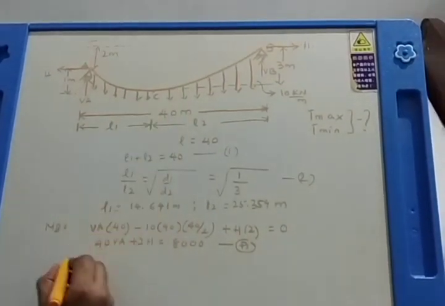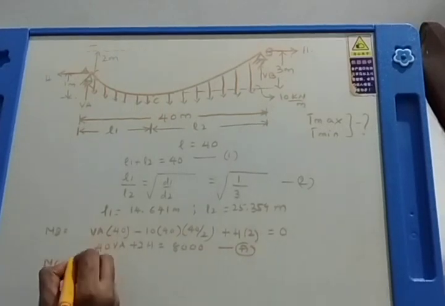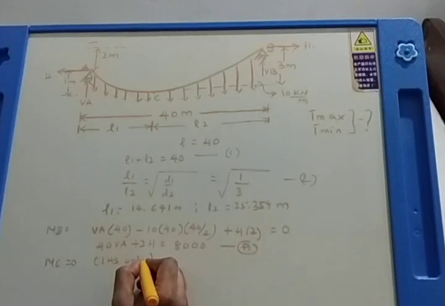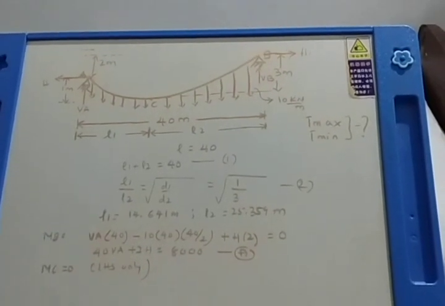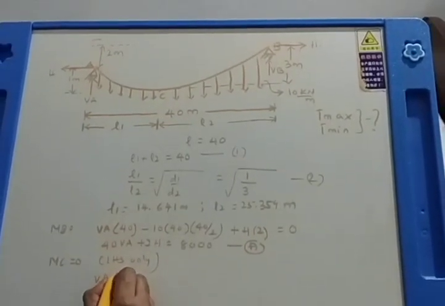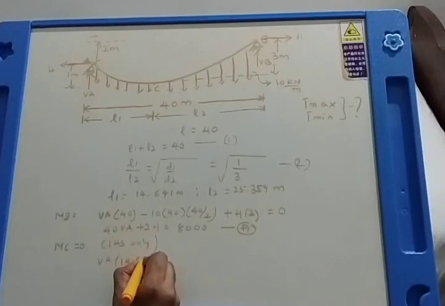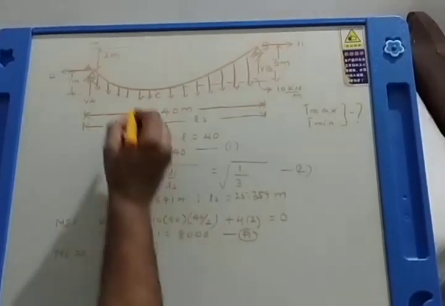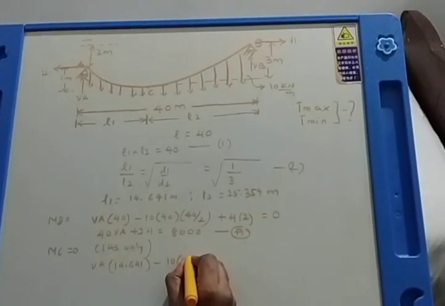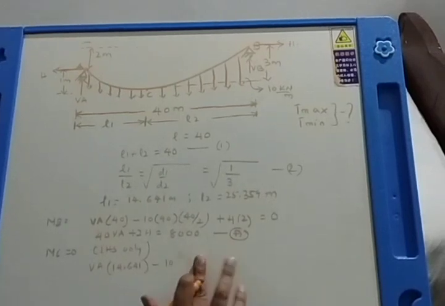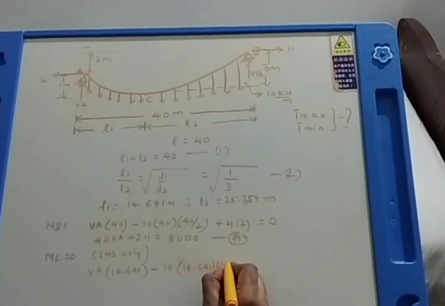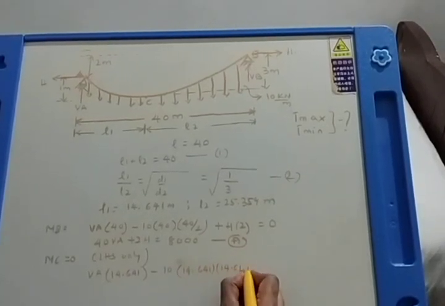Now let us take moment at C equal to 0, bending moment at C equal to 0 with left hand side only. So that will be VA into L1. We found out L1 is 14.641, minus moment due to UDL, 10 into 14.641 into 14.641 by 2.